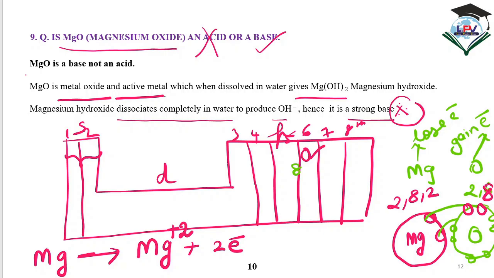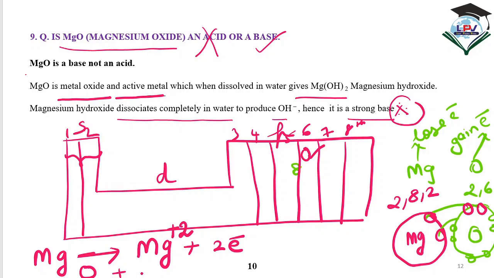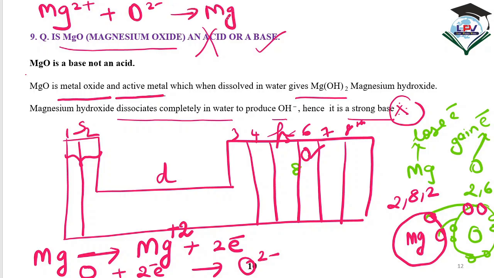So students, you have to remember the concept. Oxygen takes up 2 electrons to become O2 minus. That is how MgO is formed. Now, this is how MgO is formed.